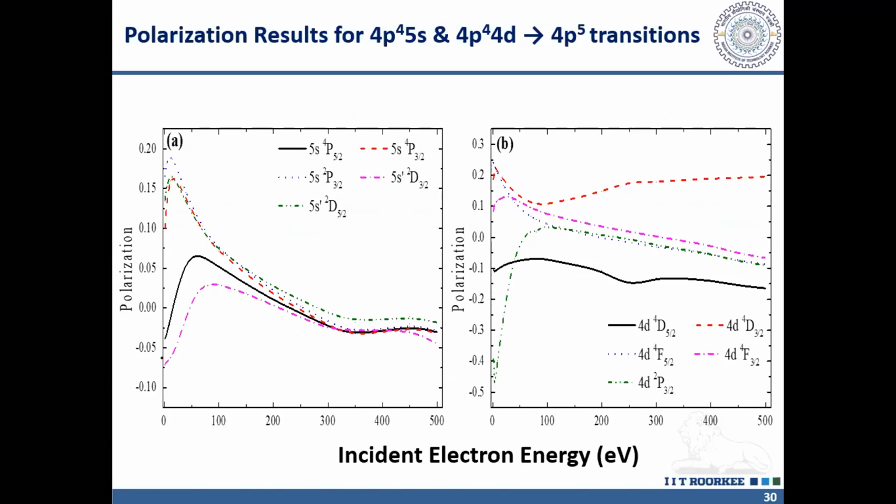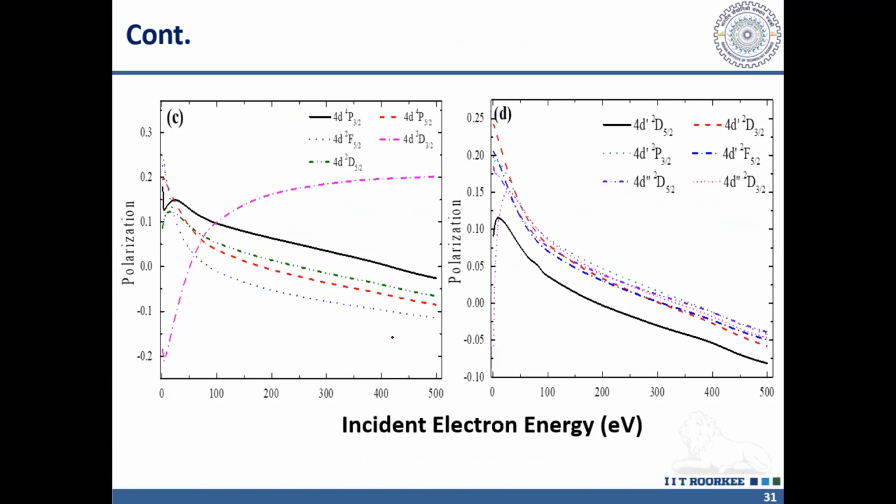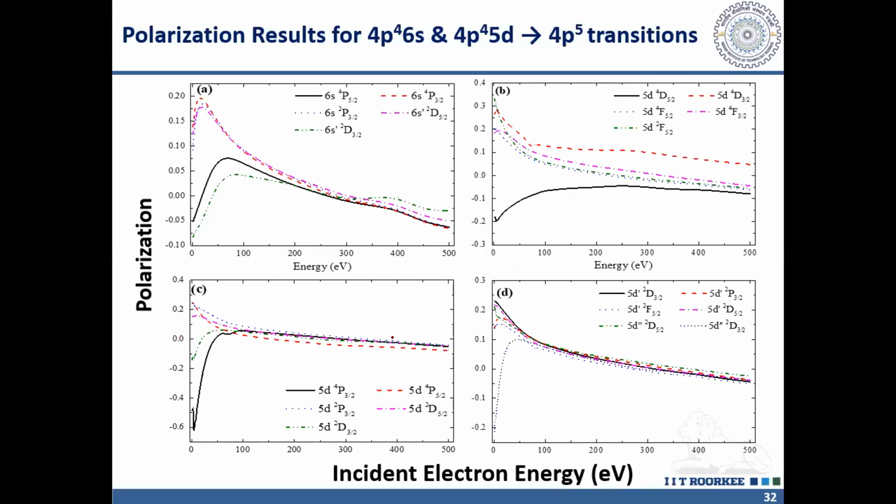Initially the linear polarization increases with the incident electron energy, and at a particular energy it becomes maximum, and after that it decreases and becomes negative. So these are the results for the polarization, and these are the polarization results when the excited states 4p4 6s and 4p4 5d decay to the ground state.